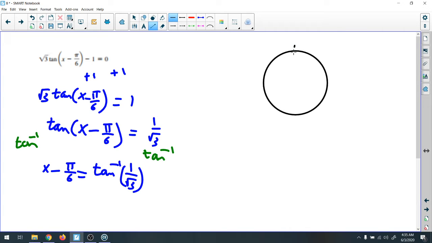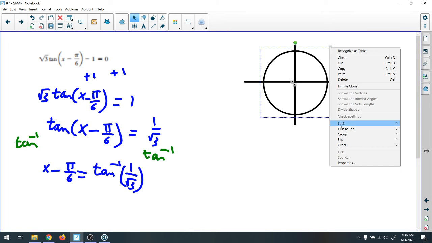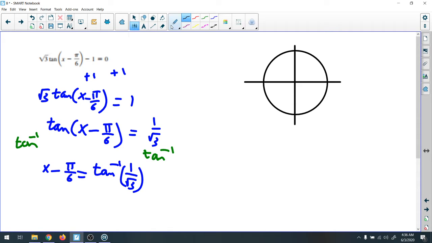So our angle could be in the first or third, as we know, since tangent is positive in the first or in the third. So we will graph this angle. Let's say that our theta is in here.